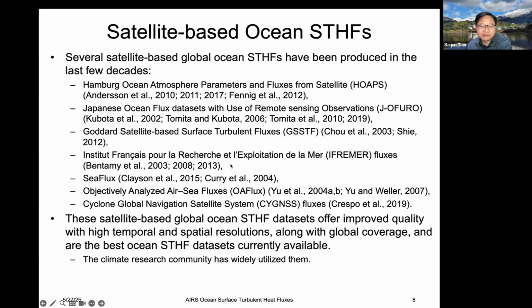And the French group has IFREMER, and I don't know, also SeaFlux from Dr. Curry et al. and Clayson et al. And OAFlux produced by Dr. Lisan Yu. And CYGNSS also provides its own flux data, developed by Huang.